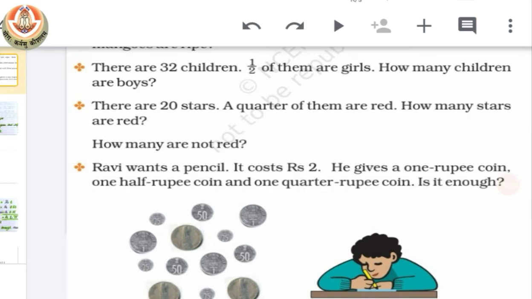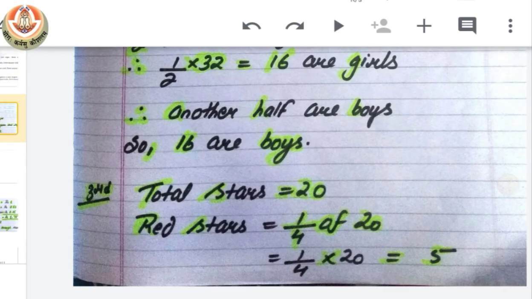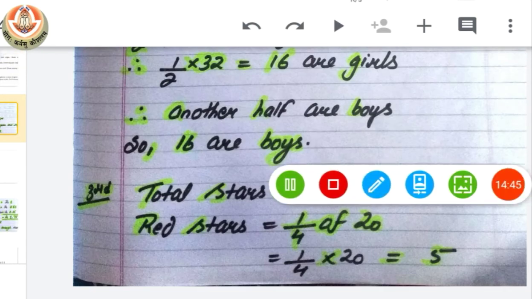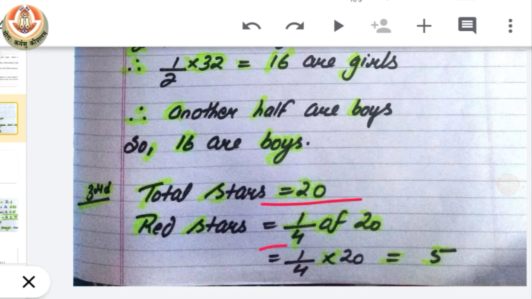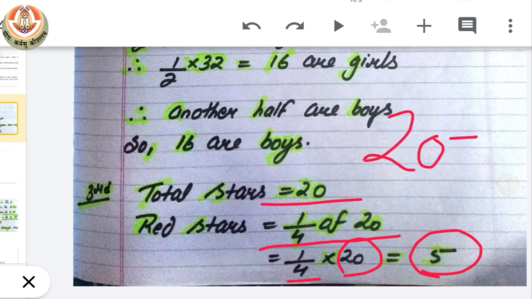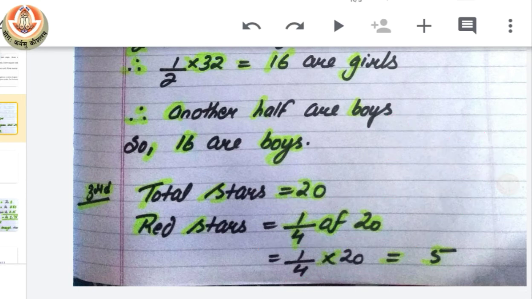So the solution is, total stars are 20 and quarter of 20 are red. Quarter of 20 means 1/4 of 20 are red. So that means we have to divide 20 with 4. That means 5 are red. If out of 20, 5 are red, that means the remaining, that is 15, are not red. Okay.